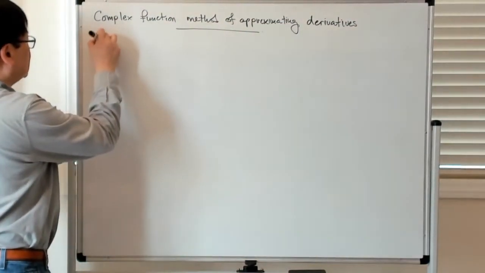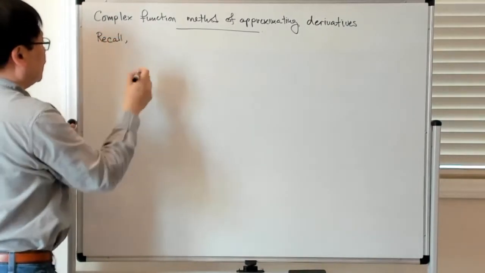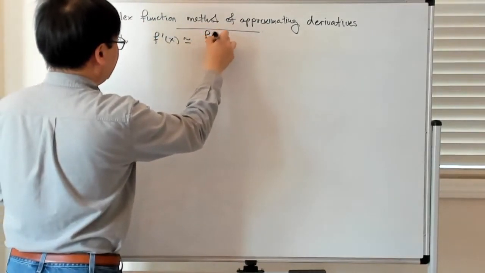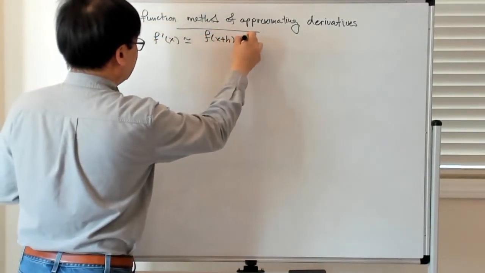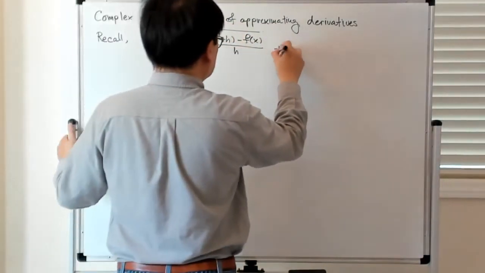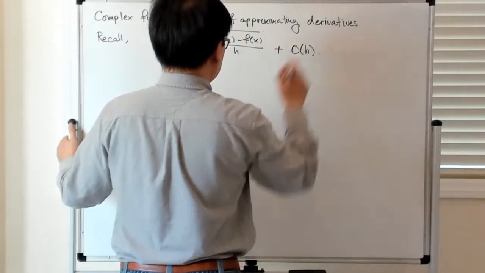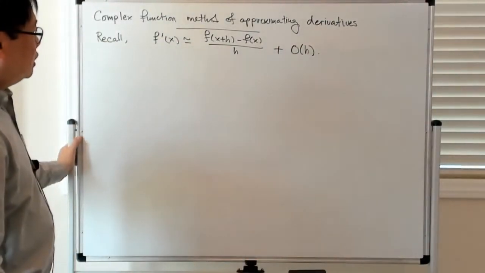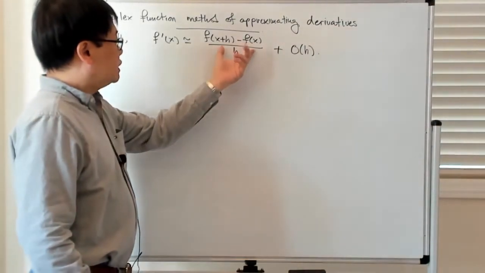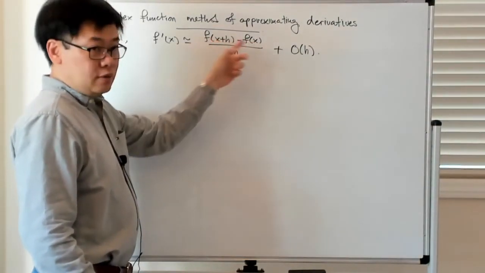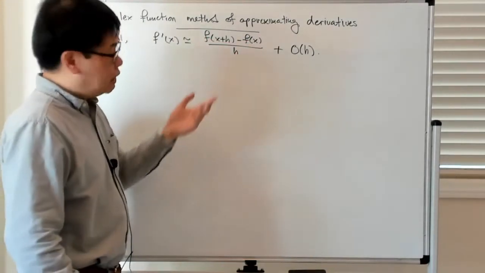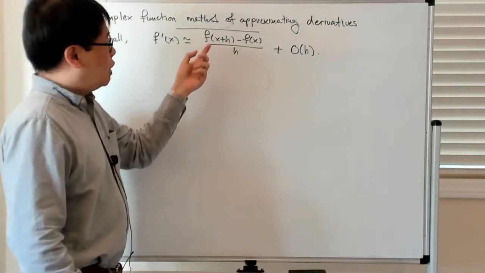So recall that f prime of x is approximated by f of x plus h minus f of x over h, plus an error, which is big O of h. The basic problem with these finite difference type methods is that they involve taking the difference of two numbers which are very close to each other, which results in round-off error, and you lose significant digits of accuracy when h is very small.